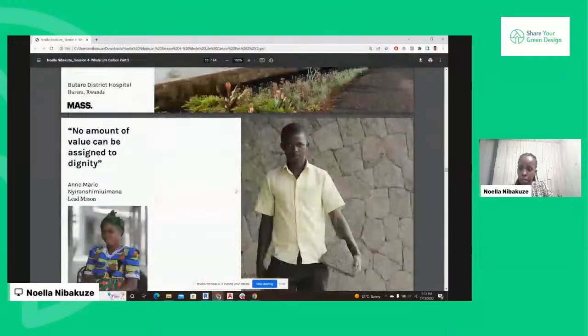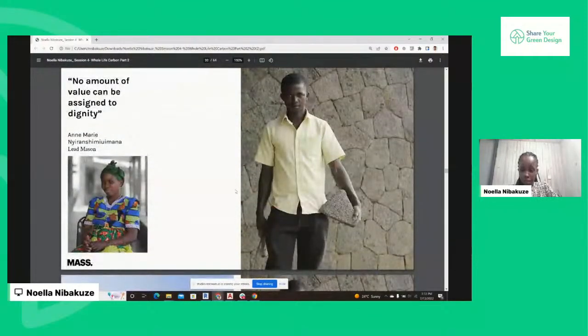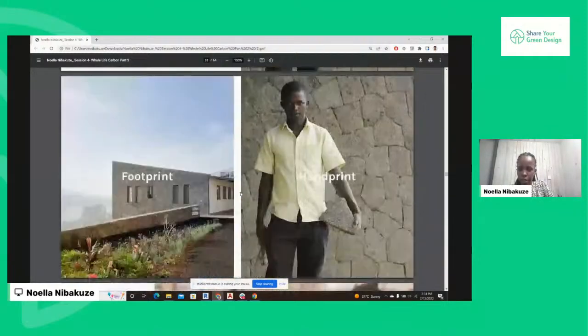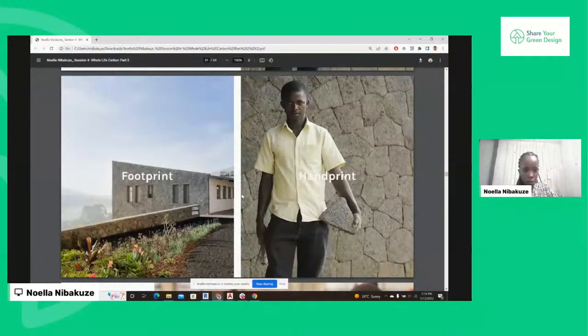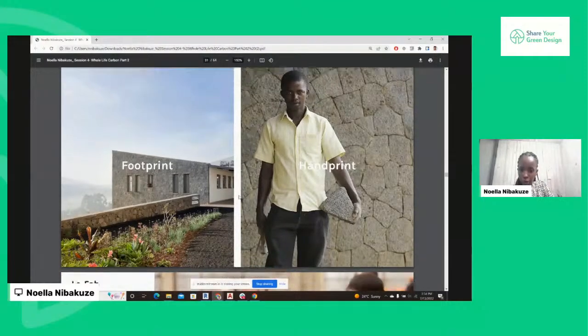And we realized that we did invest in our people. And this is a saying by Anne-Marie, who was a lead mason. Like no amount of value can be assigned to dignity. So buildings used by people in this area are the ones who really build them. So we reduced the footprint, but we also worked with the handprint. That means reducing the embodied carbon, but also elevating the dignity of the people we work with.